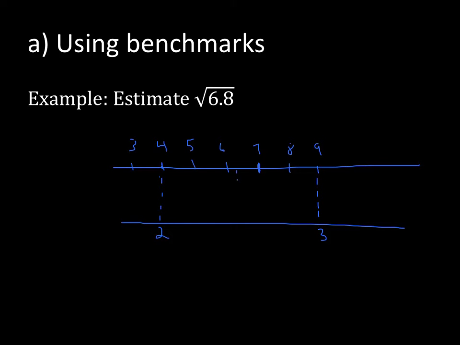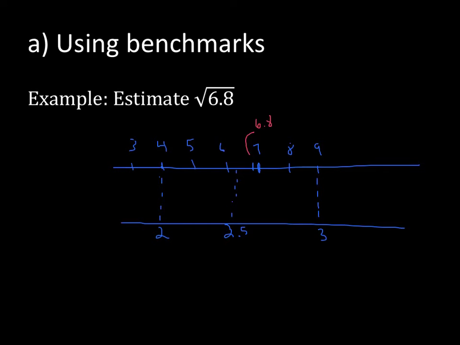And somewhere around here, between 6 and 7, 6.25 is the next perfect square. So I know that 6.8 is right here, thereabouts.